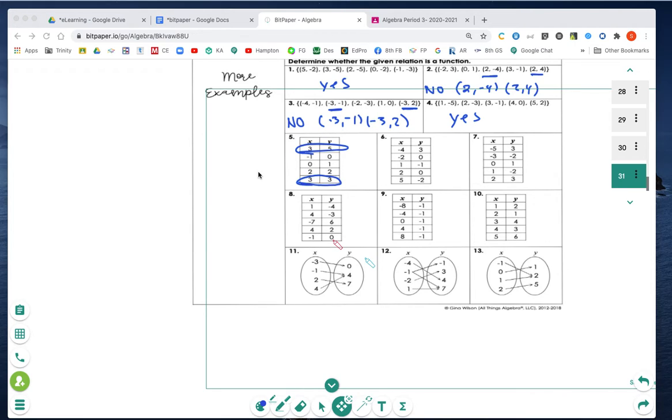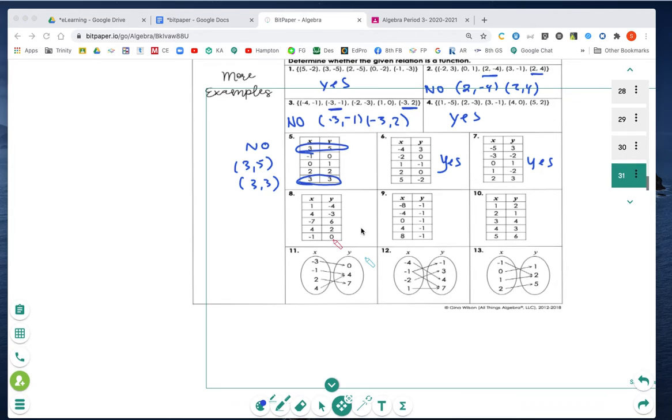So this would be no, and I would write (3, 5), (3, 3). Next one, do I have any x's that repeat? I do not, so this is a function. Next one, any x's that repeat? I do not, this is a function.